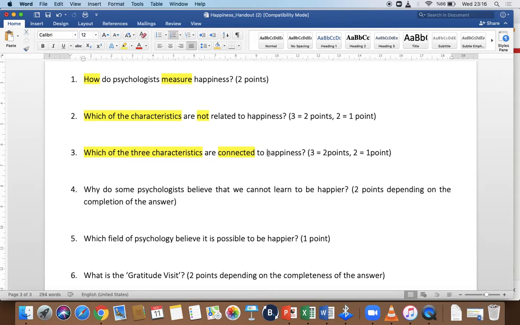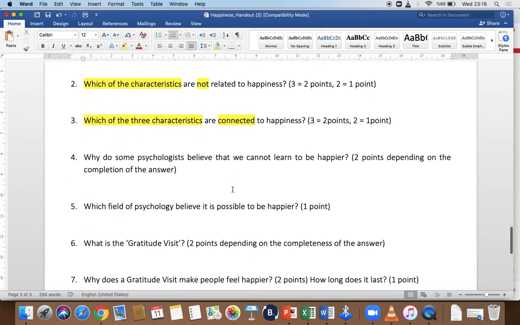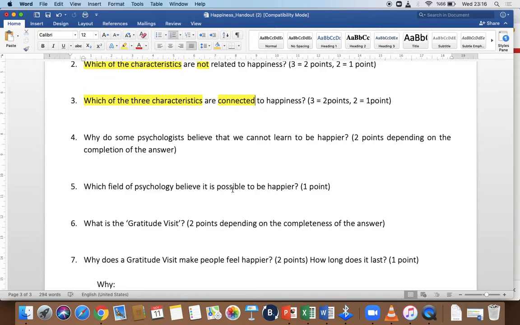So we will hear some things which are not related. We don't know which characteristics are not related to happiness, and we will hear three characteristics that are connected to happiness. And why do some psychologists believe that we cannot learn to be happier?